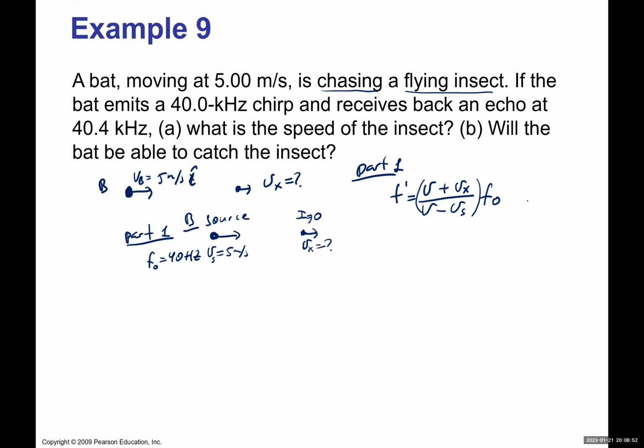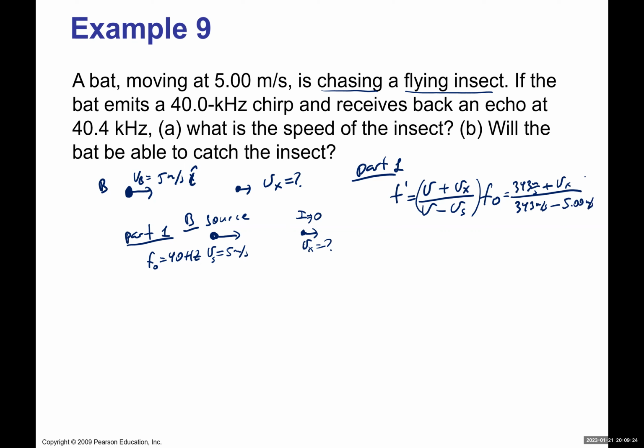Then let's look at part two. If you want, you can plug in some values. So this is 343 meters per second plus Vx, over 343 meters per second minus, well, the bat is moving toward the insect, so this is going to be minus 5 meters per second.